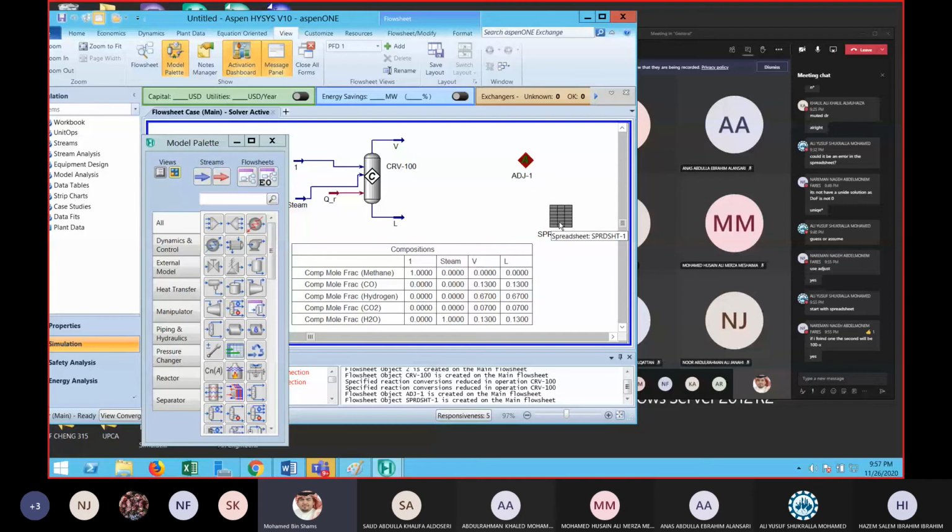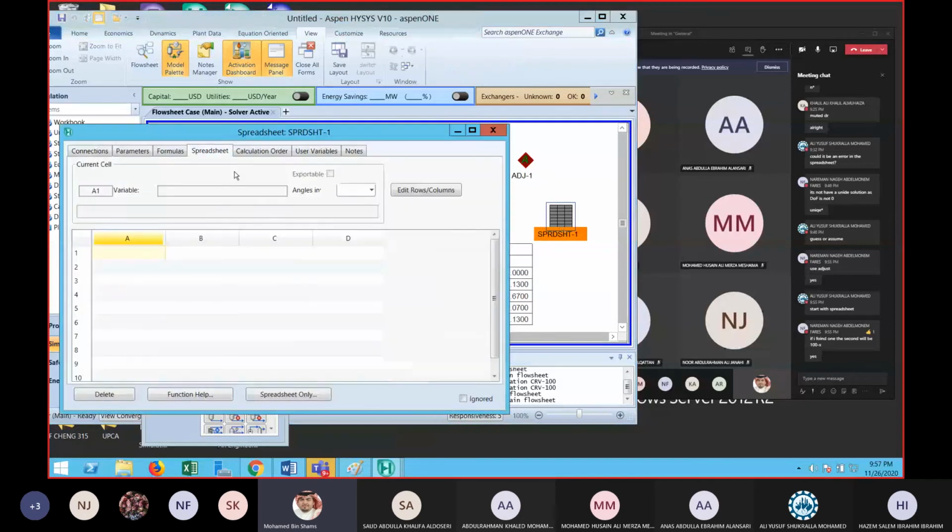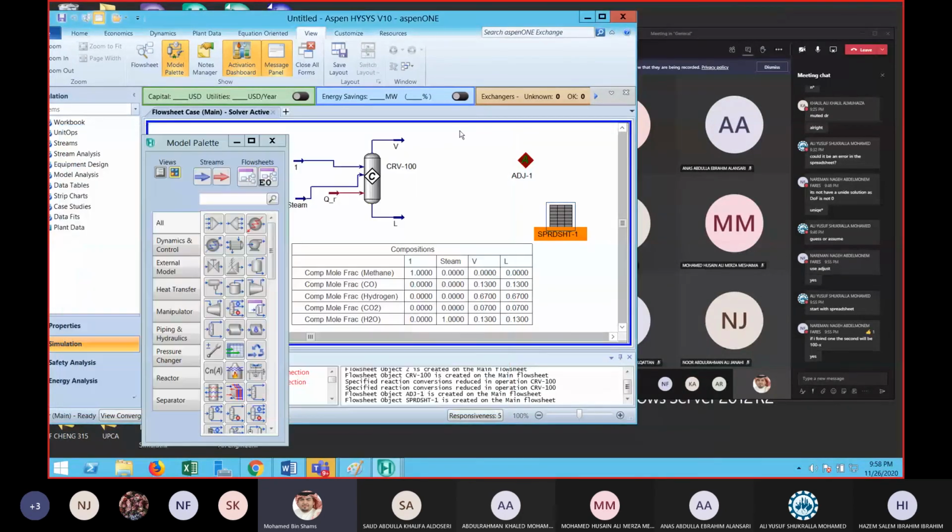Maybe the calculated value, when you come to the spreadsheet and you calculated the 100 minus x, maybe there is a way to export the formula result. Can you see, guys, here? Maybe there is a way to export the 100 minus x thing back to the reactor.